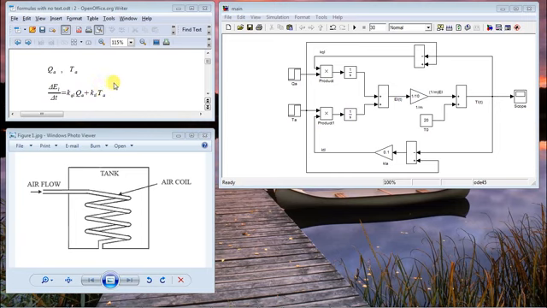So it's very obvious that the quantity of energy transferred from the air coil to the liquid per unit of time is directly proportional to these four values, to these four variables.